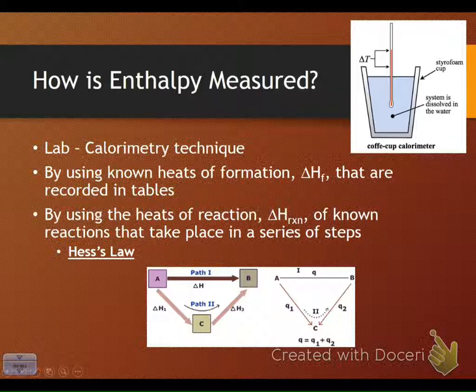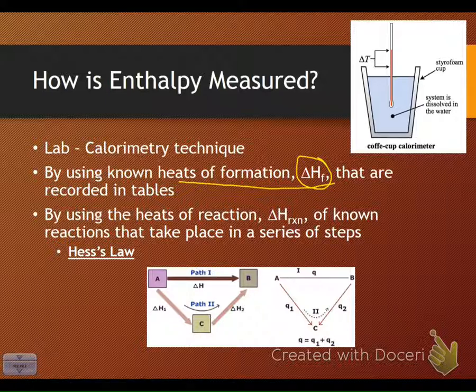Or you could use heats of formation. So we're going to do some problems like this, where you go to a table in the back of the book and you're going to pick out some values of heats of formation that have been discovered many, many years ago and are recorded, and then everyone can use those. Or a third option is to use reactions that are already measured and known and recorded as well.